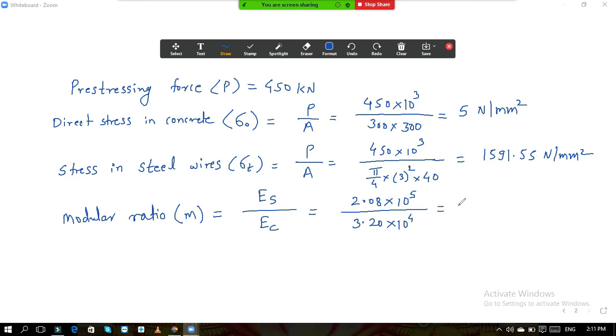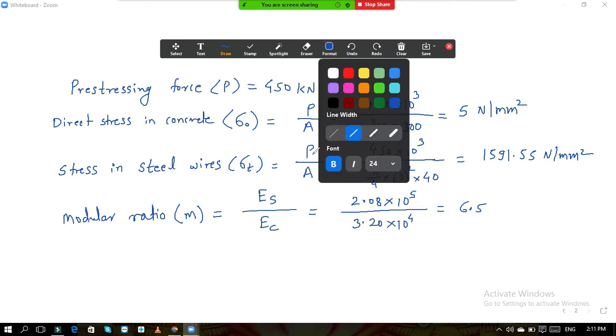If you solve this, you will get the value of m as 6.5.